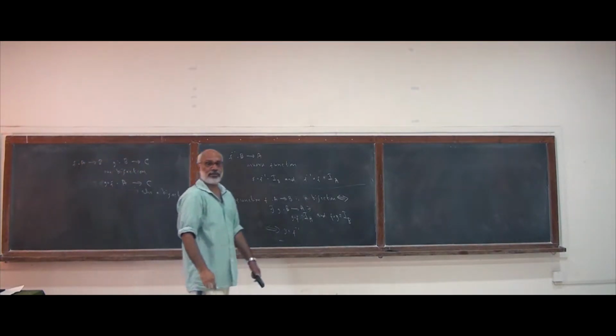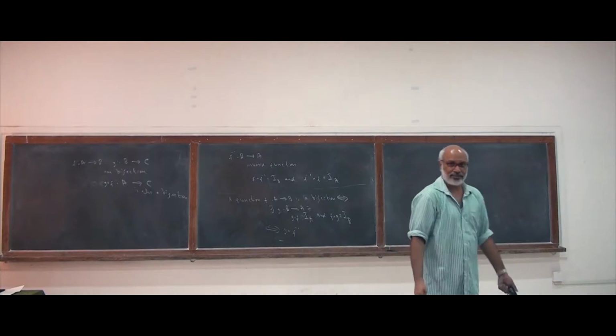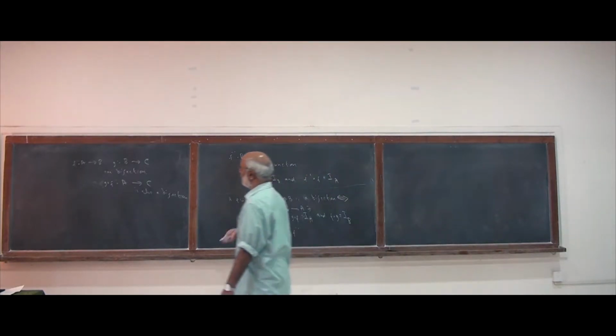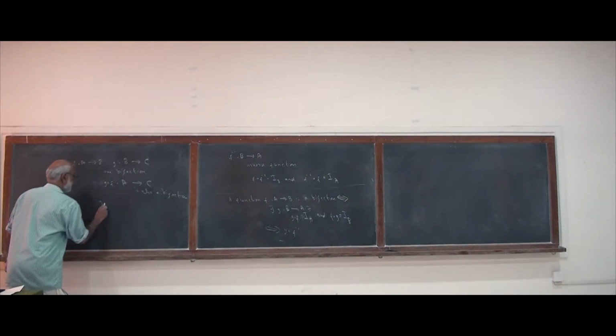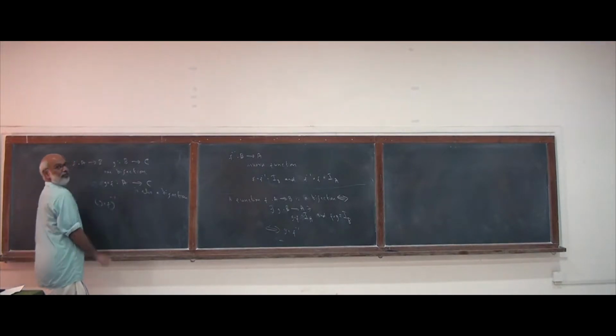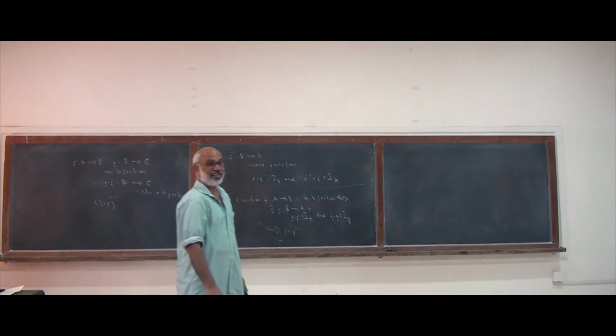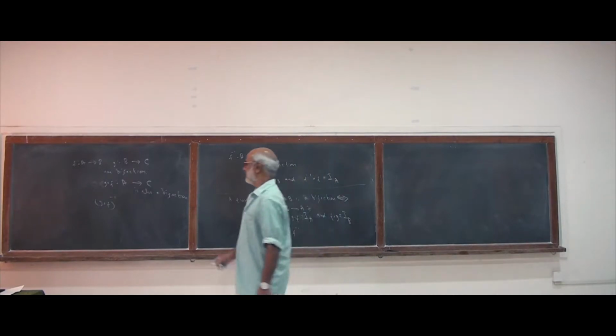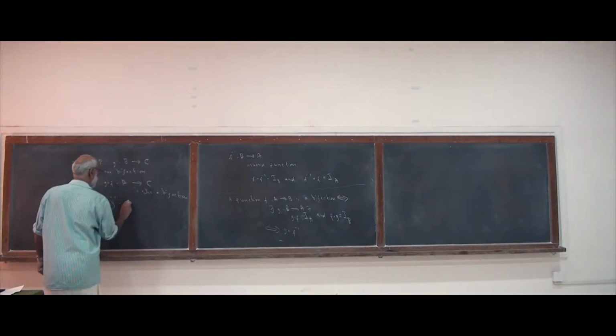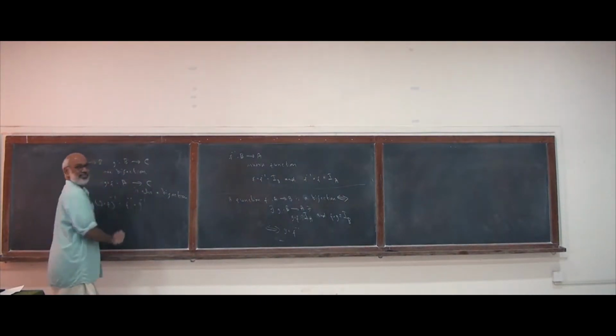Why? Composition of bijective maps is again bijective. Now, if g composition f is bijective, then the inverse of g composition f is nothing but f inverse composition g inverse.